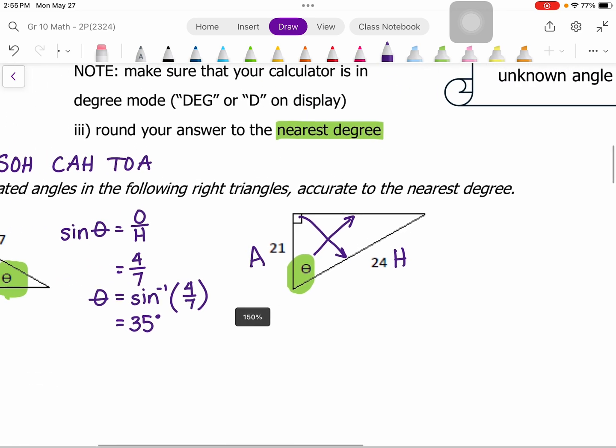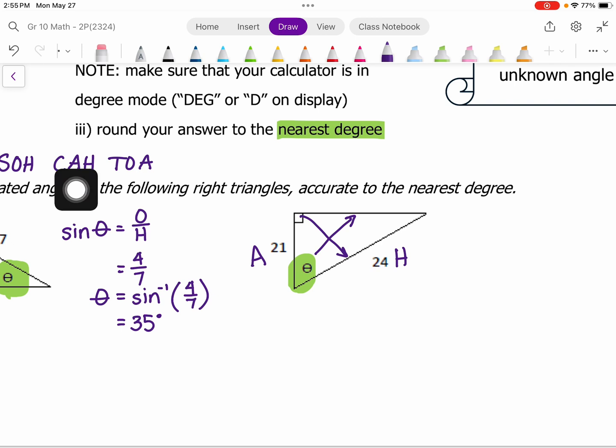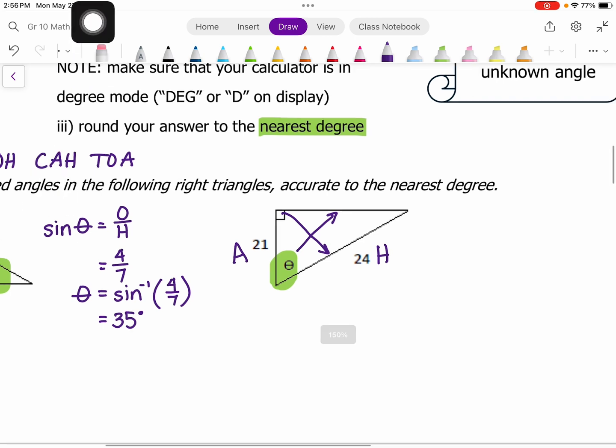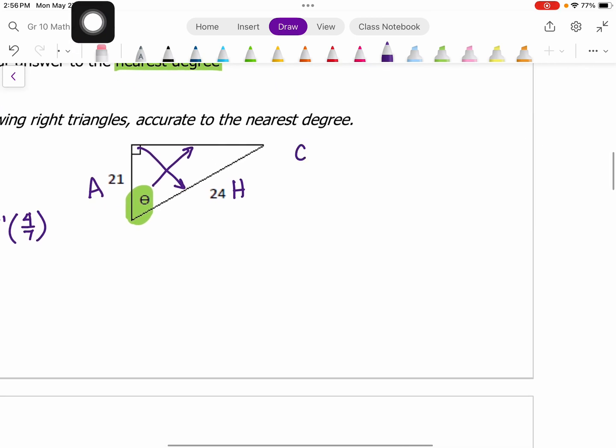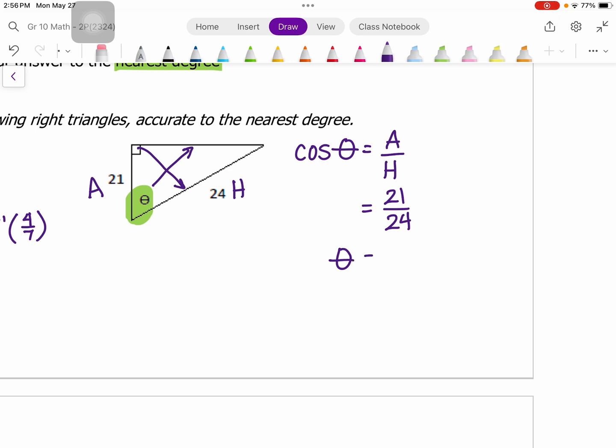If I look back over here, adjacent and hypotenuse is cosine. So I'm going to write the cosine ratio. Cosine of theta is equal to the adjacent divided by the hypotenuse, which is 21 divided by 24. Now to solve for theta, I need to move over my cosine function. The opposite of cosine is inverse cosine, and then in brackets 21 divided by 24.